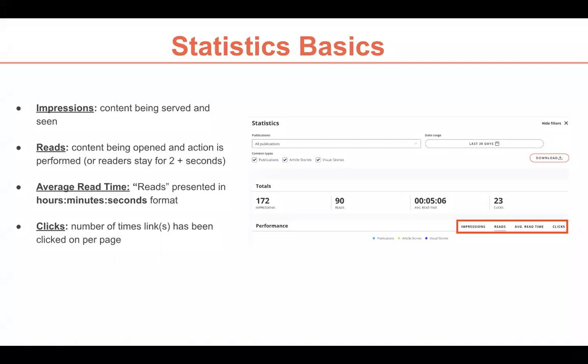Average read time is something that we show in the format of hours, minutes, and seconds. And we also count clicks. So this is a number of times that either one link or more links have been clicked on a page. A very common question that we get is, unfortunately, we cannot count the amount of clicks individually.